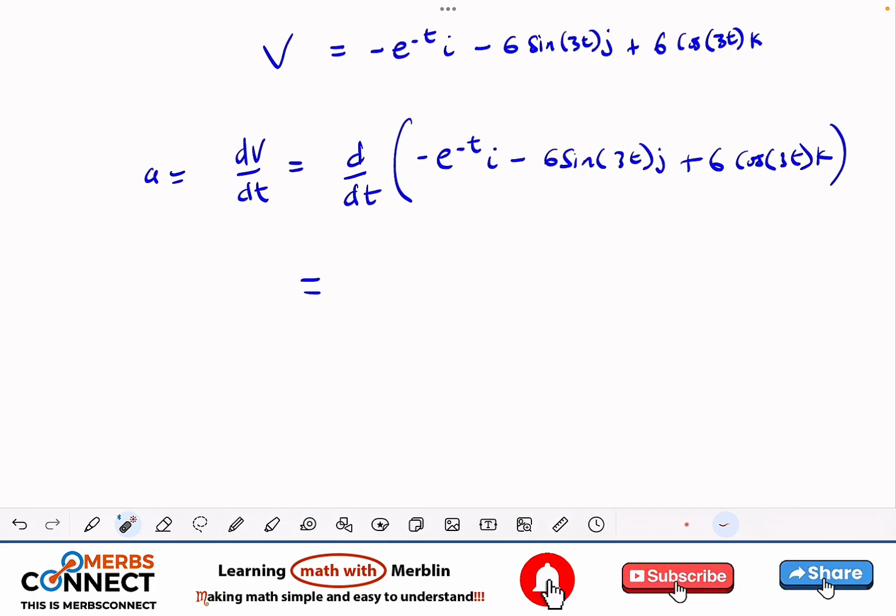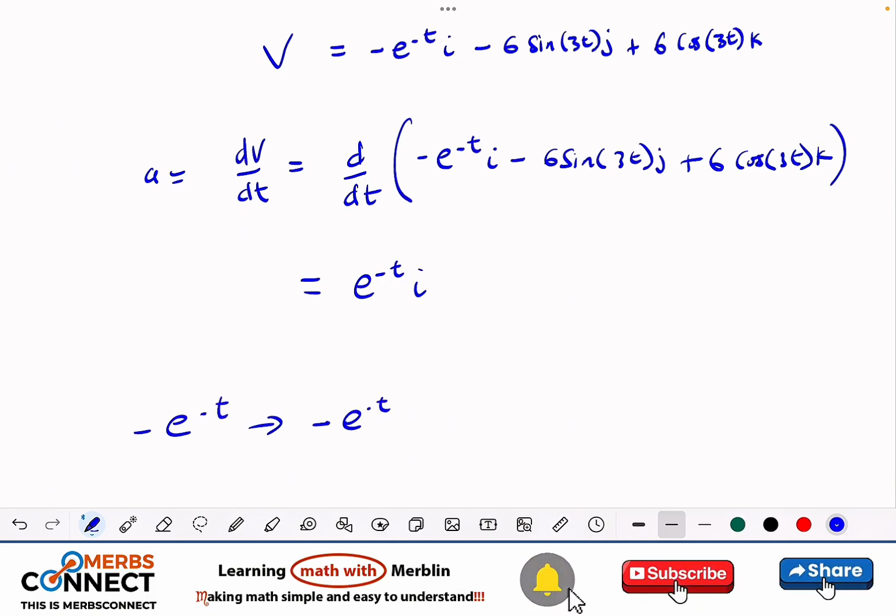I maintain the function and differentiate the top. So when I differentiate the top, I'll get minus. So it means that this one will come back to e to the power minus t i, right? So what did I do? I have minus this, and this is going to give us minus. Then I differentiate what is on the top, which is going to give us minus 1. So when I multiply, then it becomes positive.